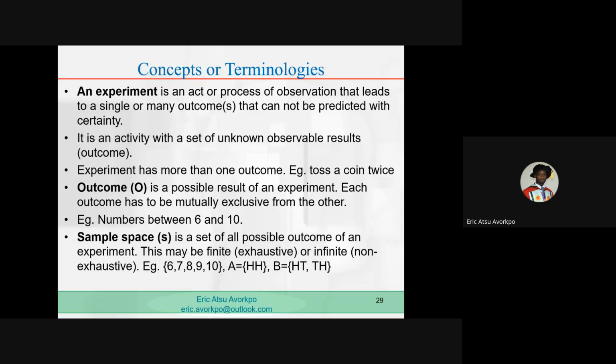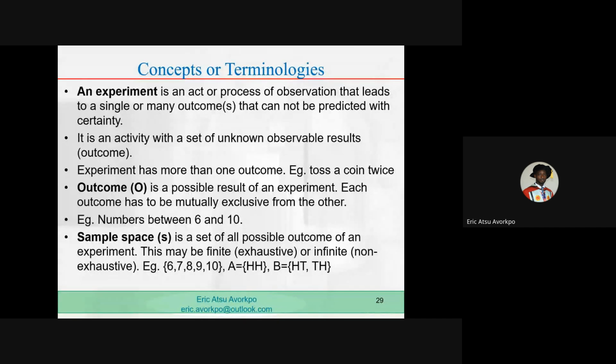If there are 2 outcomes, then it is not a good outcome, right? Now, for example, numbers between 6 and 10, anytime we are selecting some individual randomly, for example, from a class or a queue, there could be an outcome. Now, a sample space is a set of all possible outcomes of an experiment.